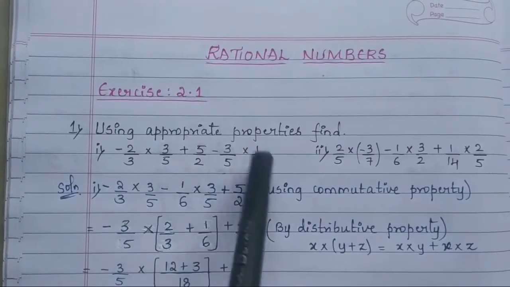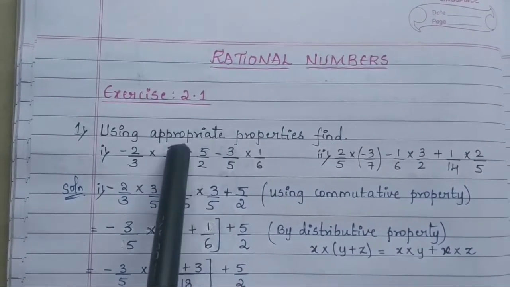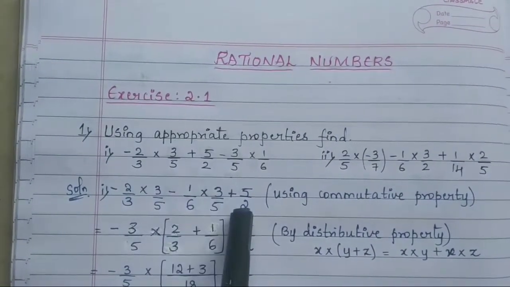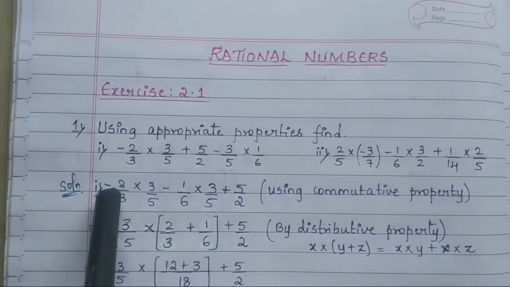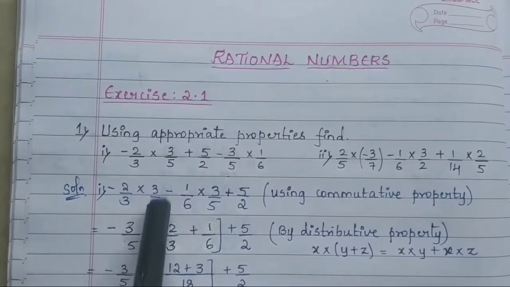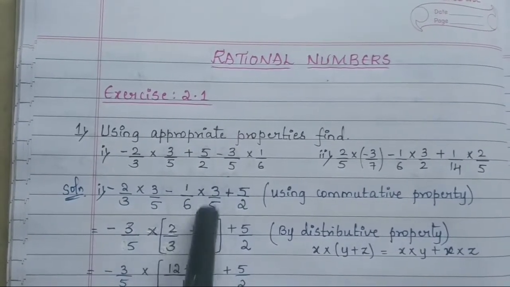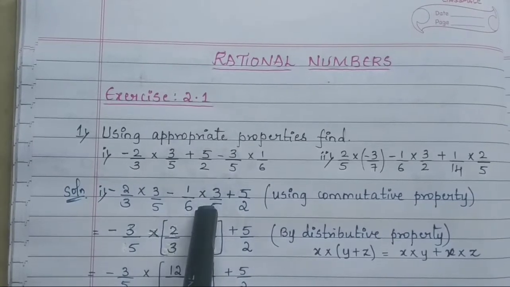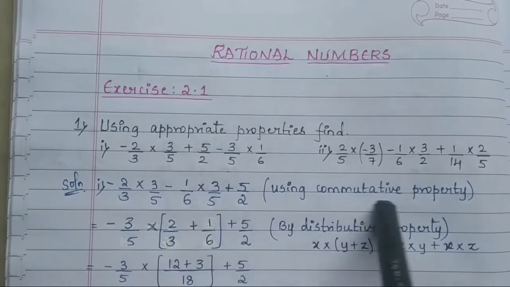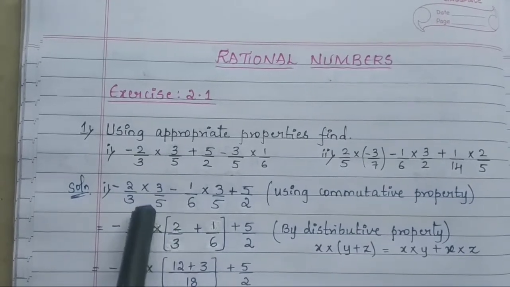You can even cross this or keep it as it is. Plus 5 by 2, what is remaining, we will keep at the last. You can see this is repeated: 3 by 5, this is x into y, and similarly y into x. If you repeat this here, it will be y into x. So we can say this is the commutative property. Using the commutative property we have done this.